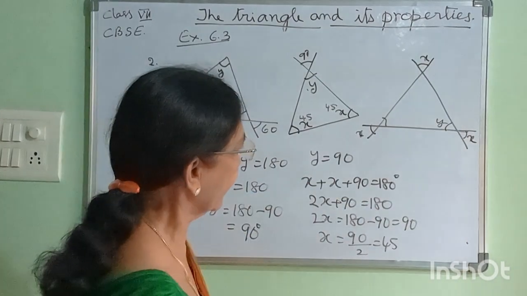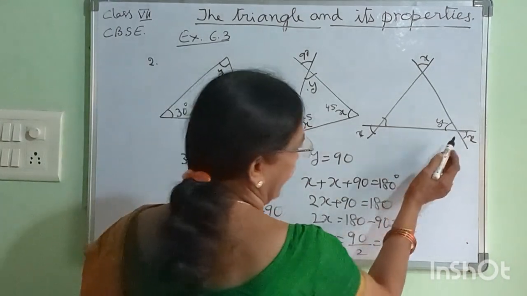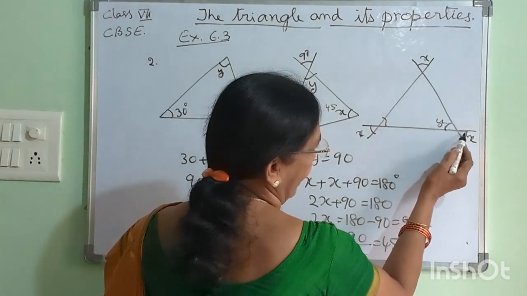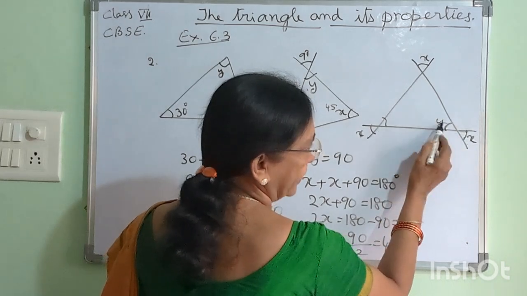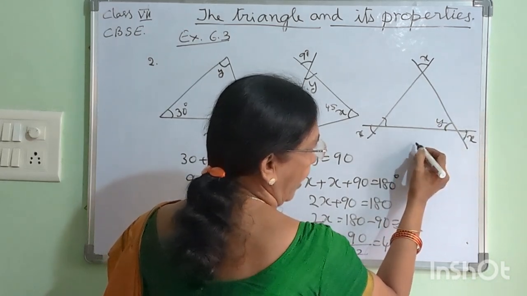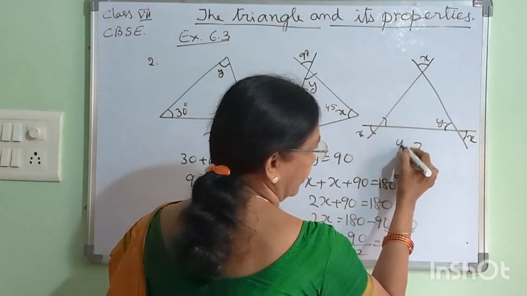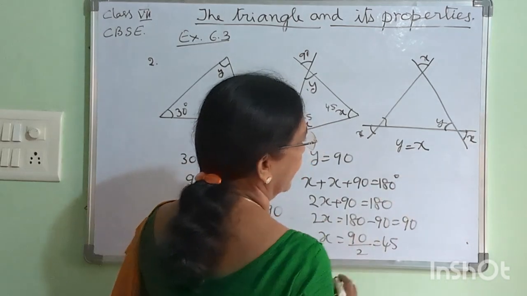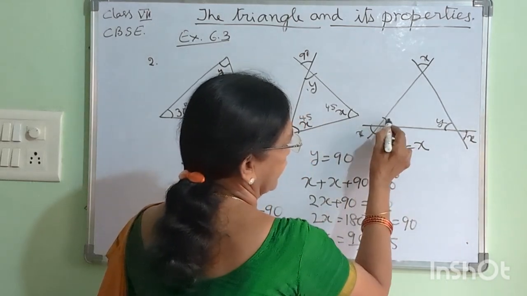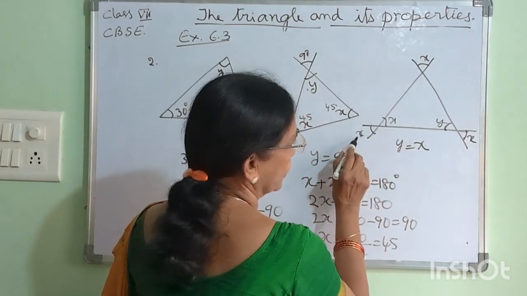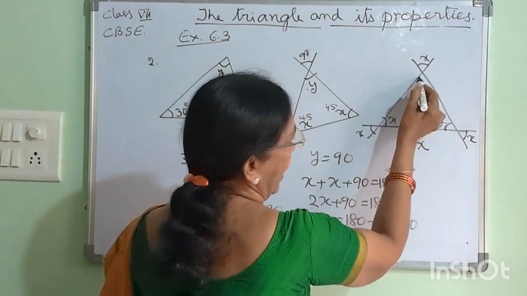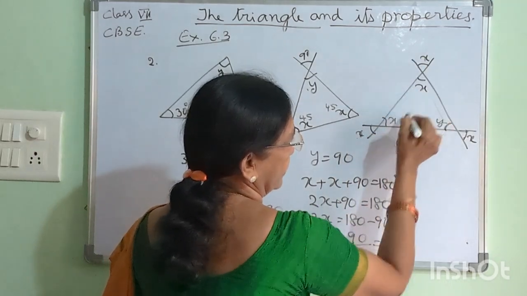Next, in this figure, here this angle is y and this angle is x. Vertically opposite angles are equal. Therefore, y is equal to x. And here also, this angle is vertically opposite to x. Therefore, this is x. And this is also equal to x.